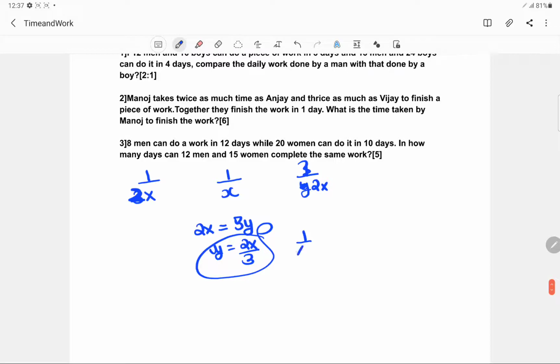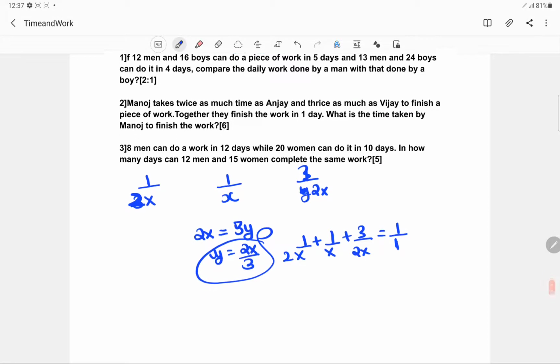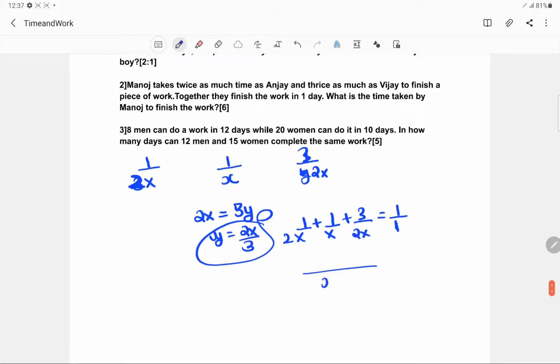So this is like 1 by x, 1 by 2x plus 1 by x plus 3 by 2x. And this is equals to, what is their 1 day work? They finish their work in 1 day. So their 1 day work is also 1. So take 2x common, and this is like 1 plus 2 plus 3 is equals to 1, and 2x is equals to 6. 2x is equals to 6, x is equals to 3.